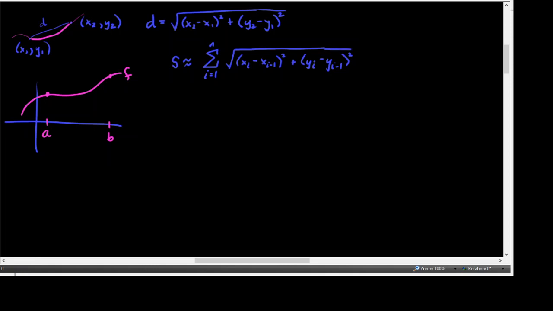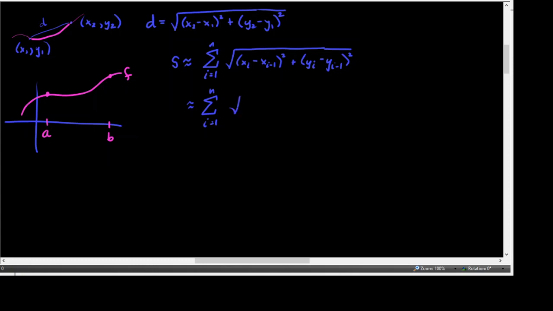And this x sub i minus x sub i minus 1, that's going to be for us a common delta x. We're not going to make that changing. Technically it could, and it would be a stronger theorem if we allowed for that. But that's okay.